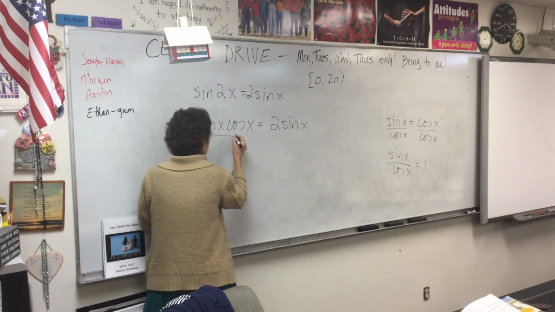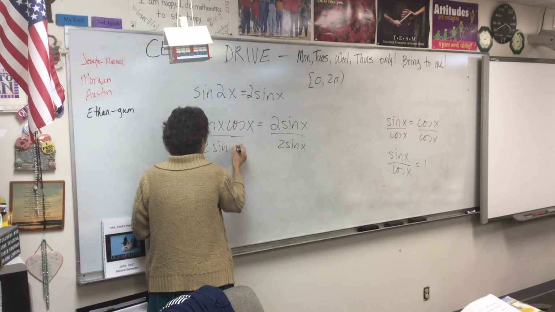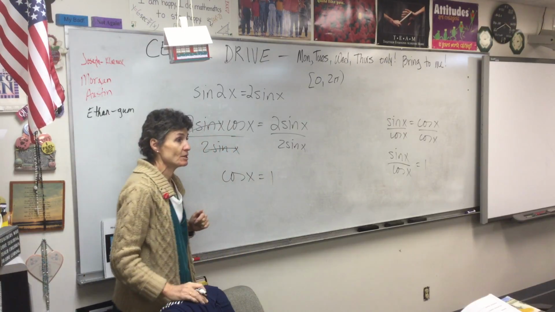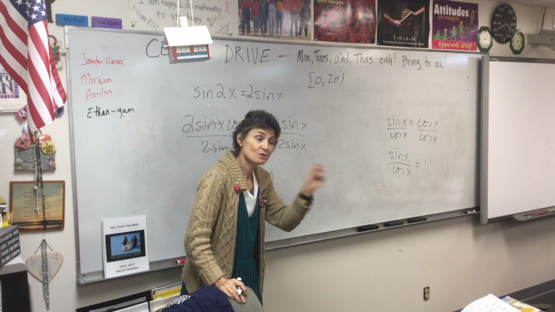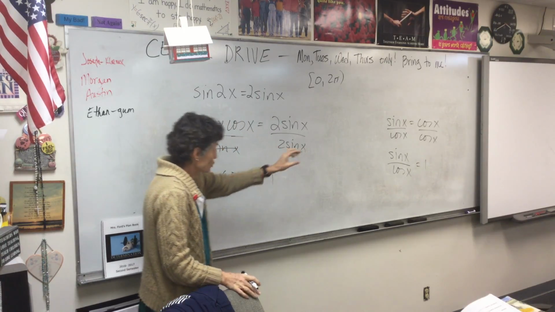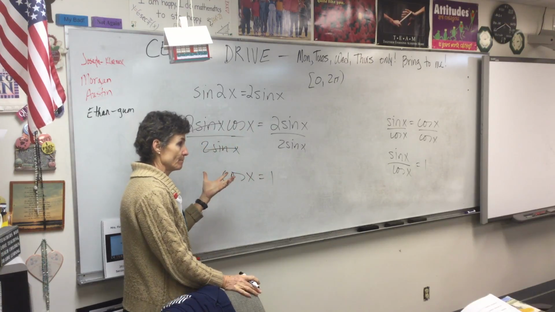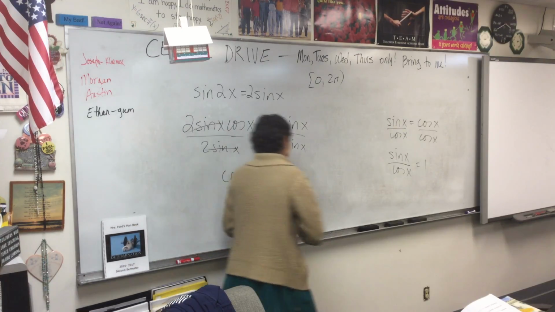Over here, if you divided both sides by 2 sine, would there still be a sine in your problem? No. So if you're losing it, don't do it. If you're just moving it to the other side, that's okay. See the difference? Okay. All right, so we're not going to do that.